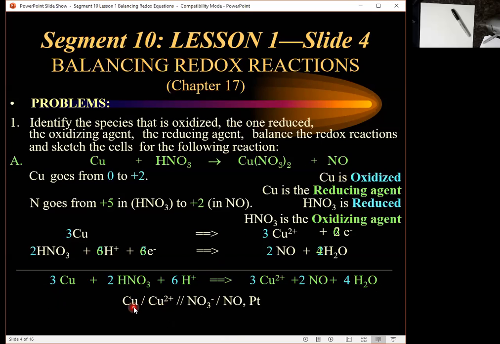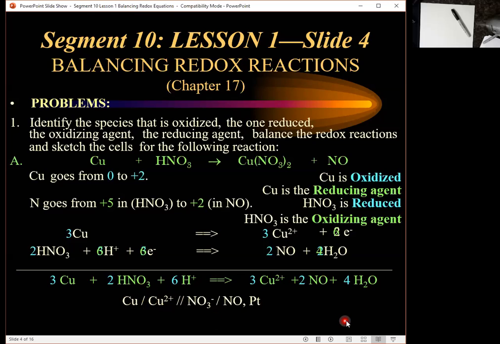So copper goes to copper plus 2. They're in different phases. Copper is a solid, and copper plus 2 is aqueous. We separate things in different phases with a little diagonal line in this notation. So we have the oxidation on the left, reduction on the right.